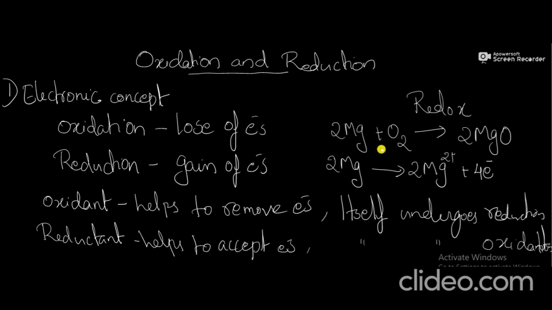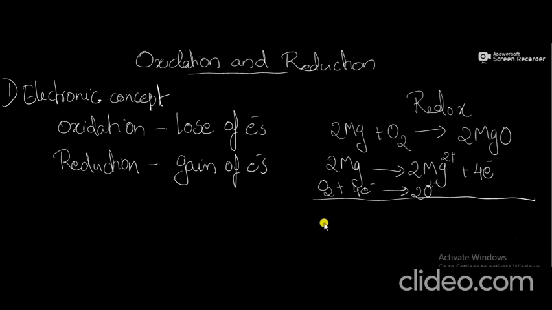Then what happens to oxygen? Oxygen gains 4 electrons and is converted into 2 O2-.